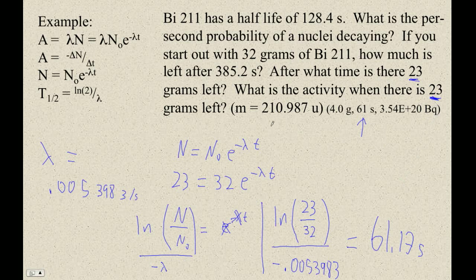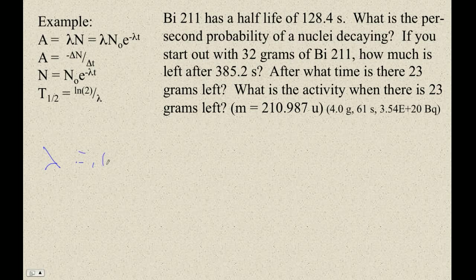Well, let's see, we've got to do the mass of it. Okay, when there's 23 grams left, what's the activity? I think I'm going to erase again, right? So my lambda is, remember, 0.005398 per second, right? N is the number of moles times Avogadro's number, right?